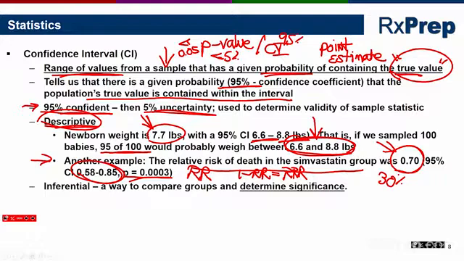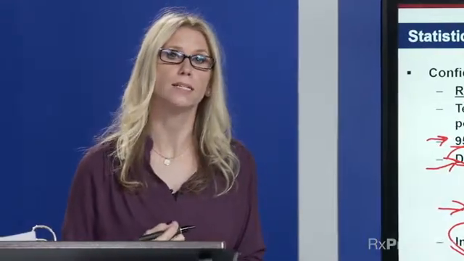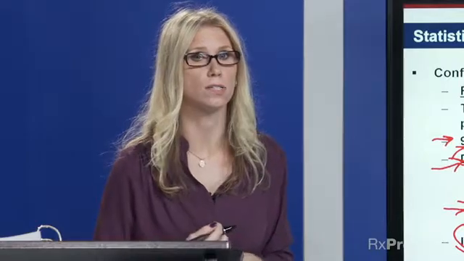So please understand the meaning and the definition of confidence interval. That's the descriptive way of using confidence interval. That's what it means, how we describe the data. We also use confidence interval in an inferential way, a way to compare groups and determine statistical significance.